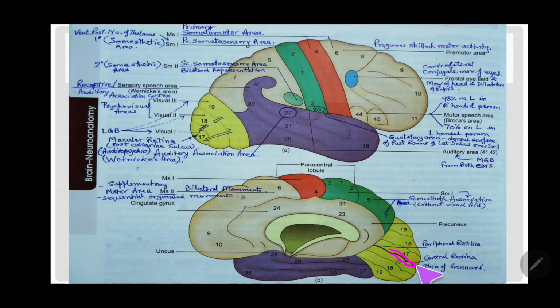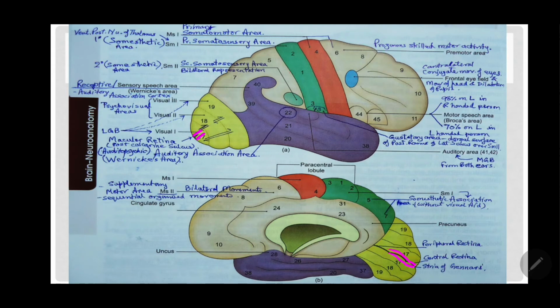Those fibers from the foveal end, fovea having only cones, is the area of the brightest vision and color vision. That reaches here onto the posterior end, the post-calcarine sulcus.